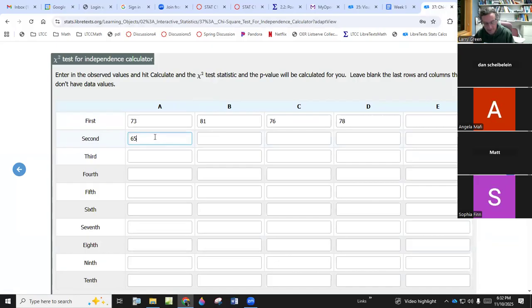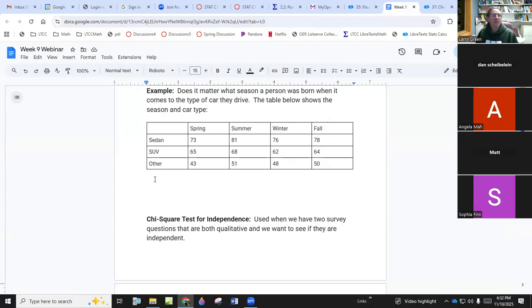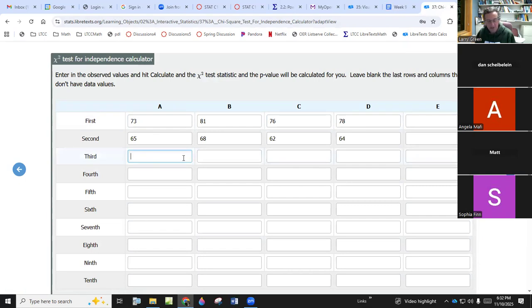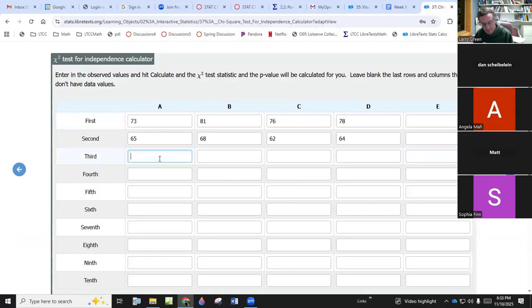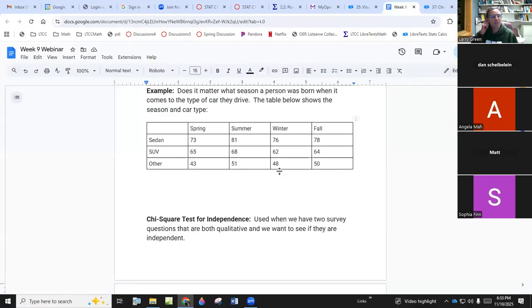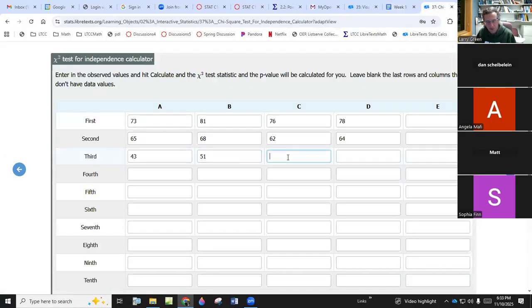So 65, 68, 62, 64. And for the third one, we have 43, 51, 48, 50. So 43, I believe. Let me double check. Yeah, 43 and 51. And then 48 and 50. Any questions on putting this into the table?